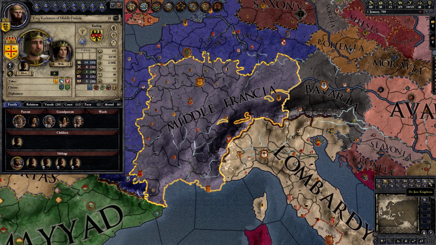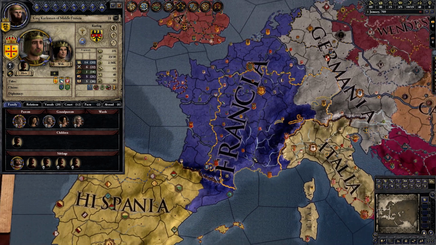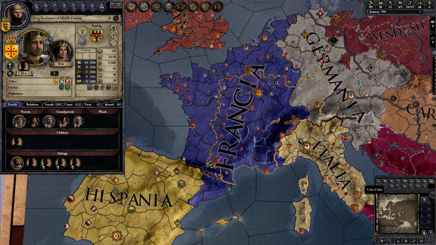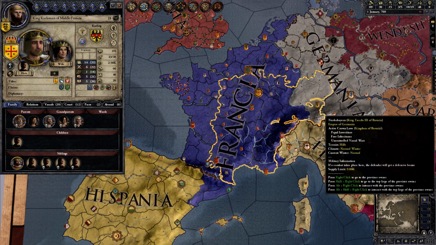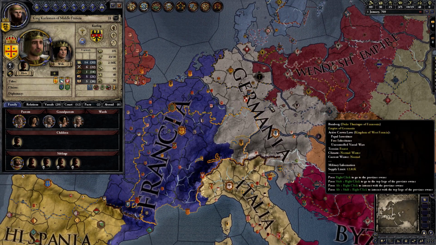If you go to the de jure empires, you can see Francia is like this whole region, whereas Germania, where our part is, is a little bit to the east.